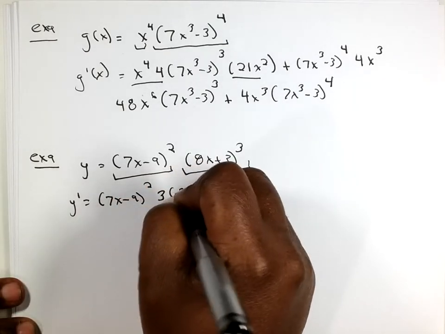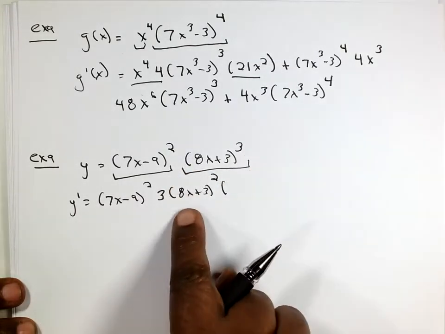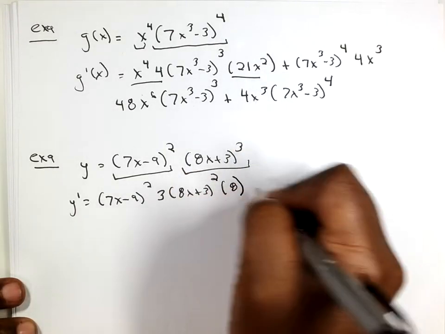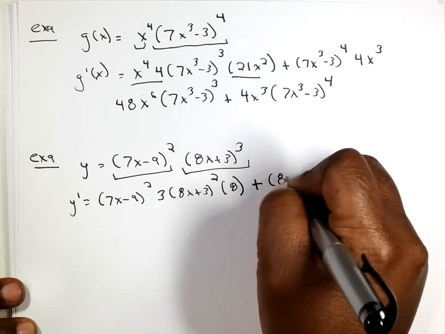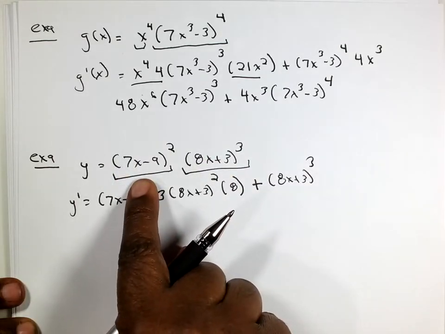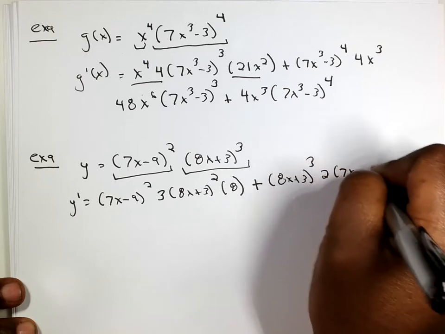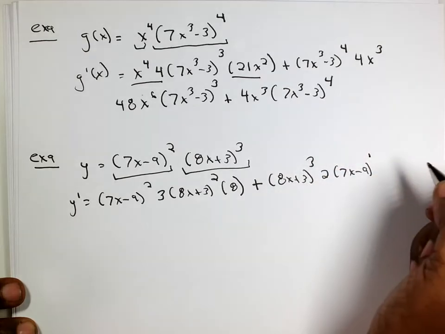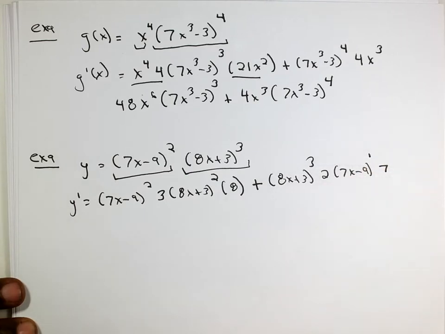So I get 3 times (8x plus 3) to the 2nd power times the derivative of 8x plus 3, which is just 8. And then leave the (7x minus 9) squared. Taking the derivative of (7x minus 9) squared, I get 2 times (7x minus 9), and now that's going to be to the 1st power. And the derivative of 7x minus 9, I just get a 7.